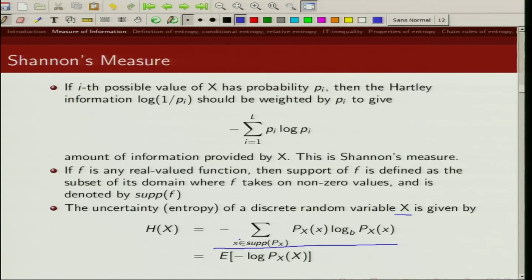So we define this as minus the sum of p(x) log p(x) over the support set of p(x). This is because log of p(x) is defined only for values of p(x) greater than 0. So we define the entropy, or the uncertainty associated with a random variable, as the expected value of minus log of p(x).